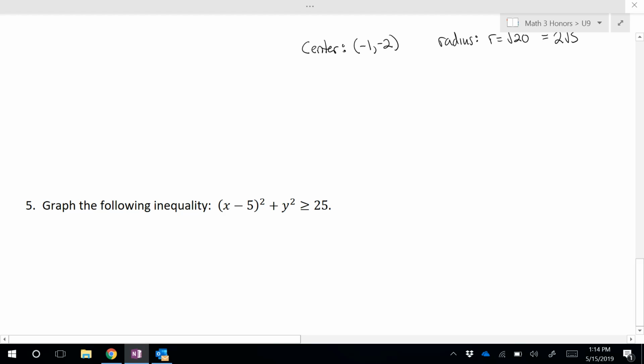What's that? Is it dashed or solid? And where do you shade? And so that's what we think about here. Is it going to be dashed or solid? And we can answer that already. If you got the equal sign, it's going to be a solid circle. And then there's two places to shade, inside or outside the circle.